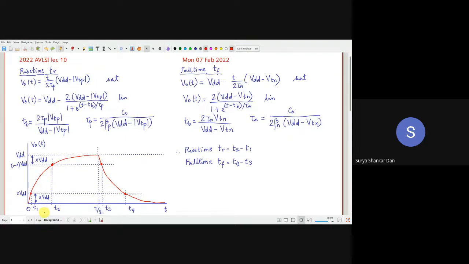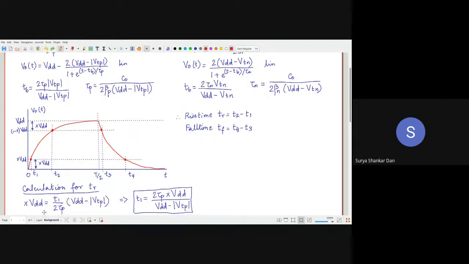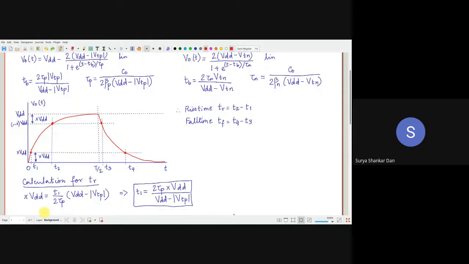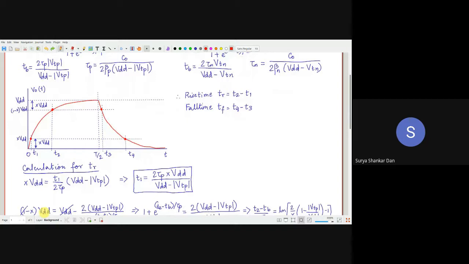All right. So once we have that in our consideration, then we can clearly understand that when we are specifically doing the calculation for TR, that is the rise time, T1 happens when the P MOSFET is in saturation. As you can clearly understand, the output voltage is increasing very rapidly over here.